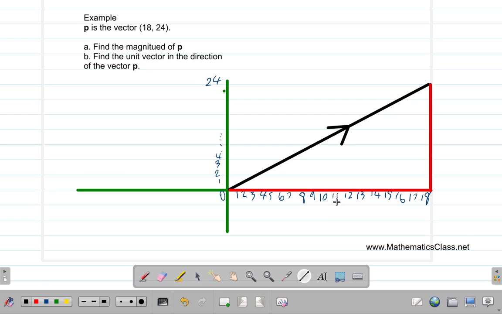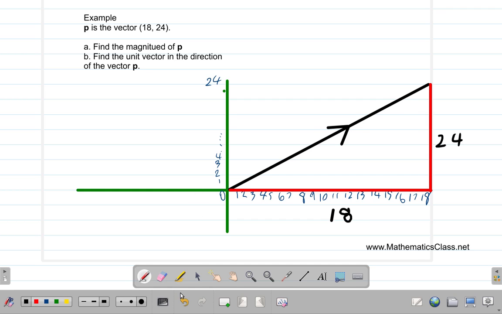The horizontal side would be 18 units long. The vertical side would be 24 units. Now, the vector diagram clearly is not drawn to scale, but it is just a matter of showing the meanings of 18 and 24.